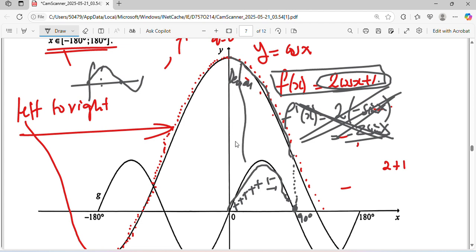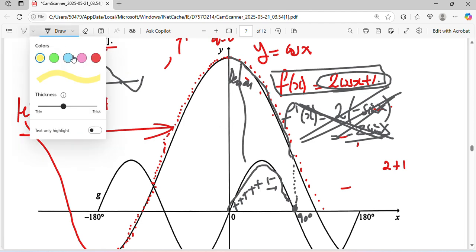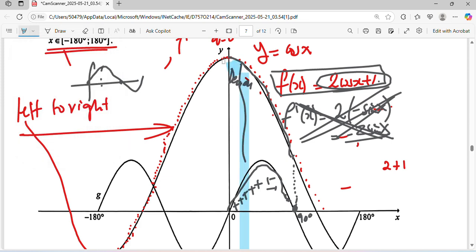So within this domain, let's shade. I'm going to shade here. This is where both conditions are satisfied.